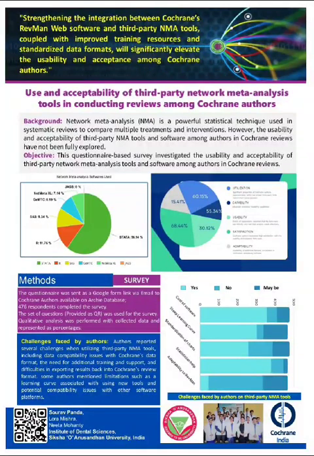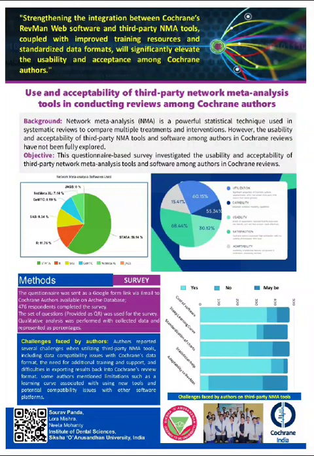The topic for today is use and acceptability of third-party network meta-analysis tools in conducting reviews among Cochrane authors. Network meta-analysis is a powerful statistical technique used in systematic reviews to compare multiple treatments and interventions.